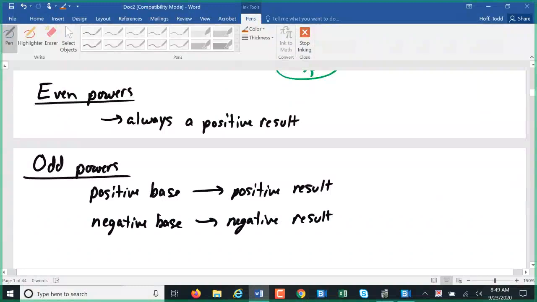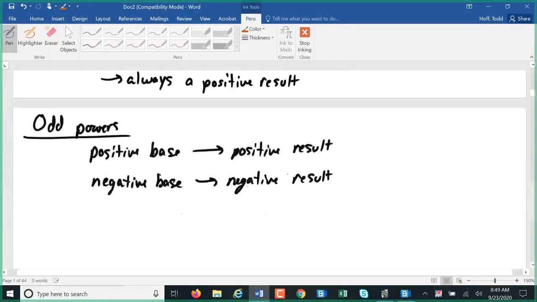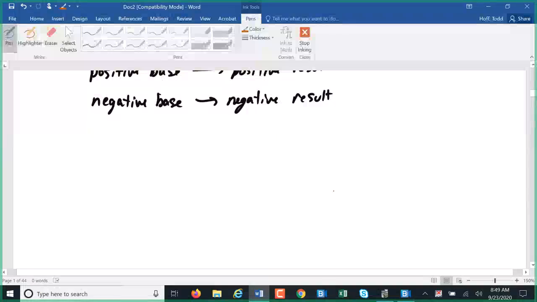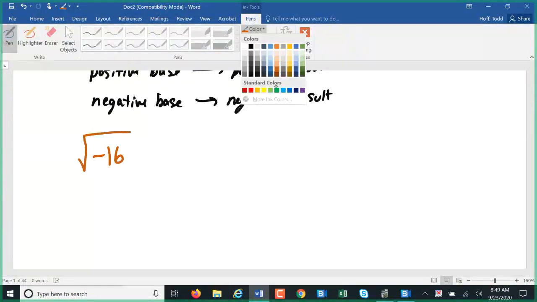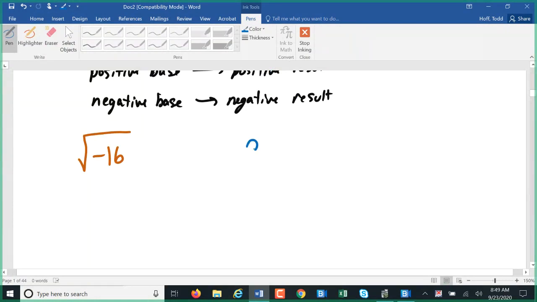Because of that, it gives us a weird thing when we try to take roots of our negative numbers. Let's try to do the square root of a negative 16. Well, you might want to say negative 4, but let's think about this. What number squared equals a negative 16?